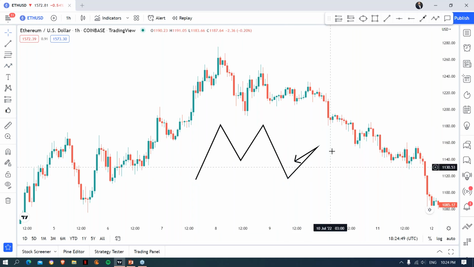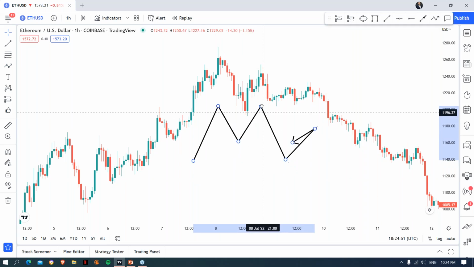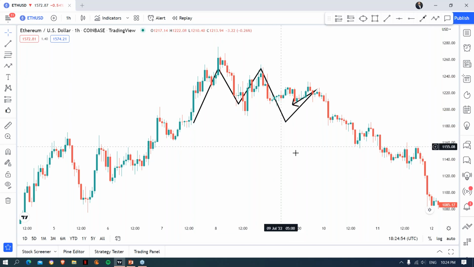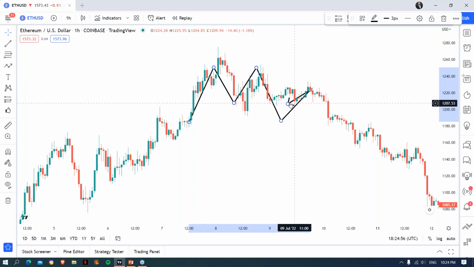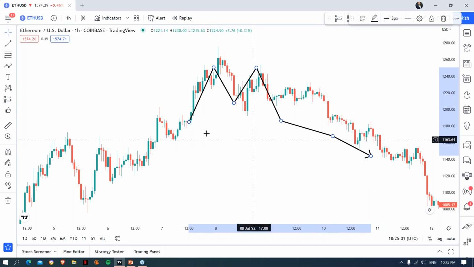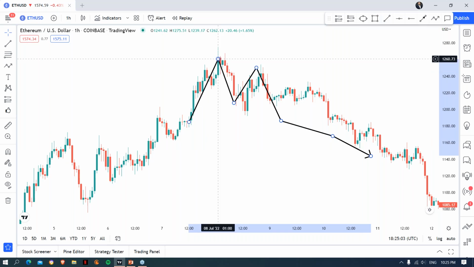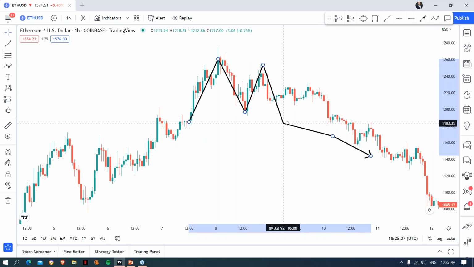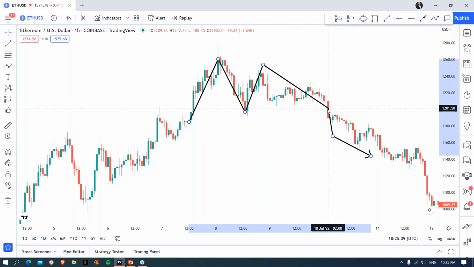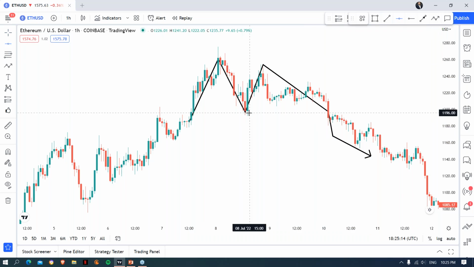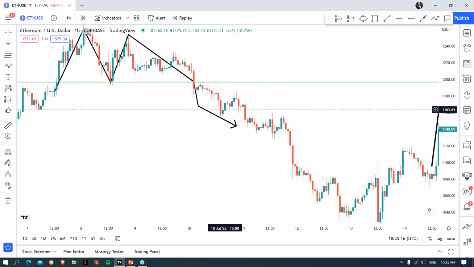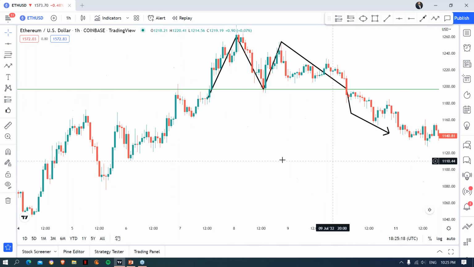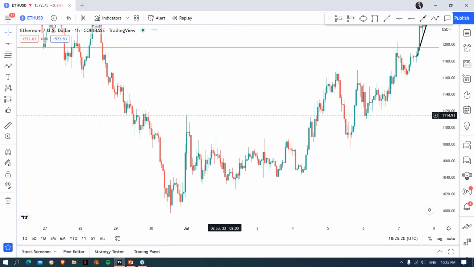But if we move this and see how the chart is working, we can see that it's very similar to a double top. We have our first top, which is this one. We have our neckline. We have our double top. And notice the market moved sideways around this area. This is where the breakout happened. Notice how the market dropped significantly. And that's how chart patterns really work.